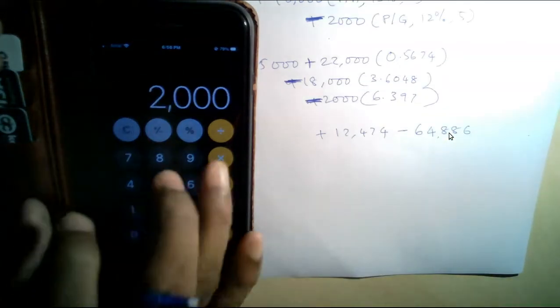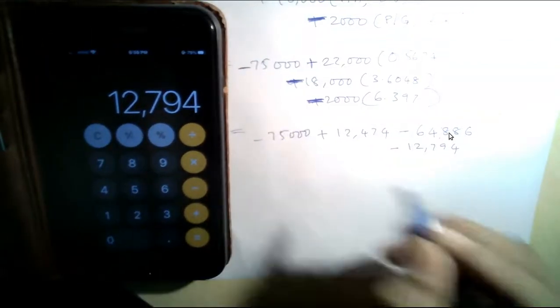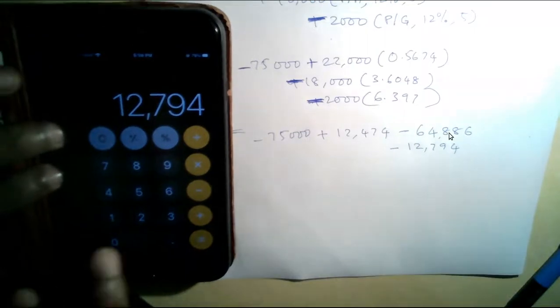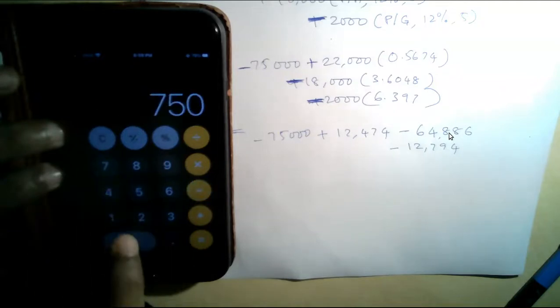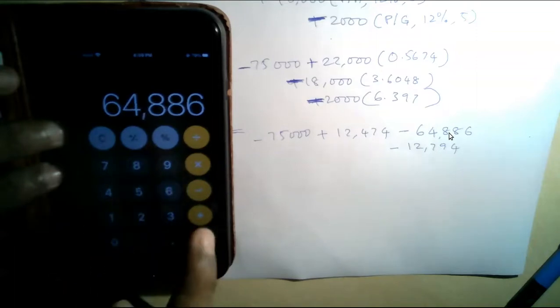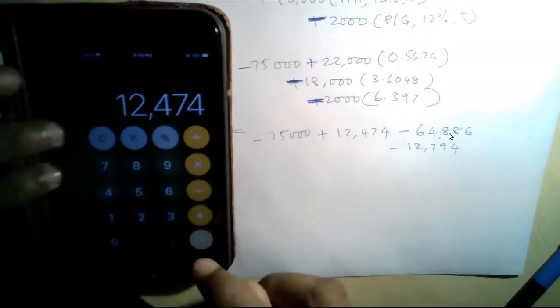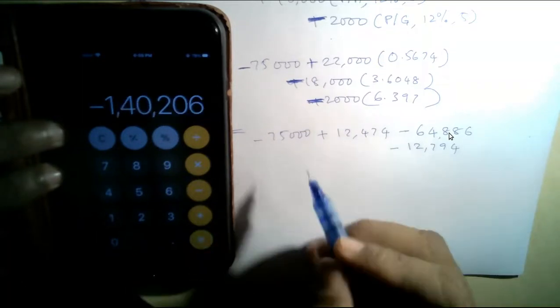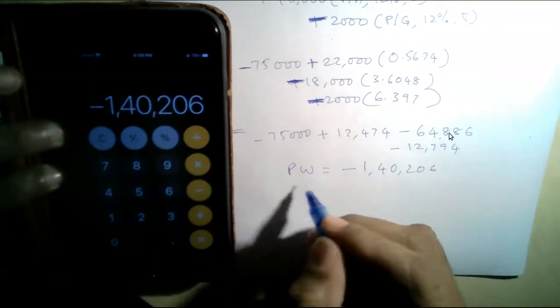Then 2,000 multiplied by 6.397 is minus 12,794. And minus 75,000 is anyway there. So I give a minus sign for this. Then minus 75,000 minus 64,886 minus 12,794 plus 12,474. I'm getting a present worth of minus 140,206, or present cost, whatever.